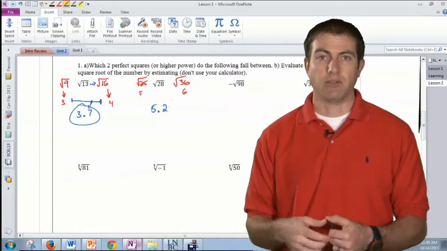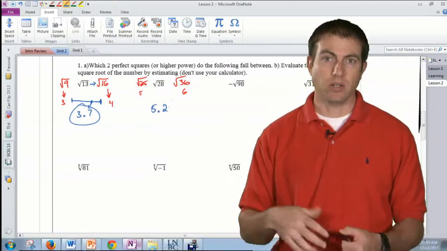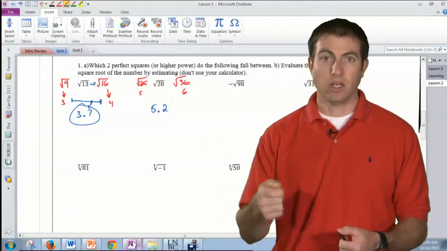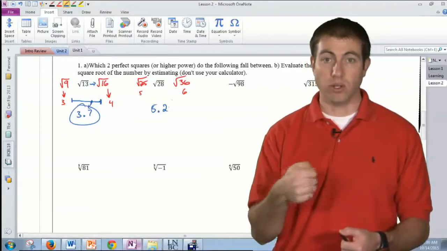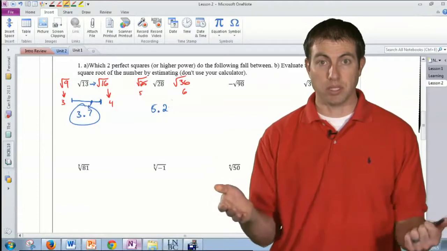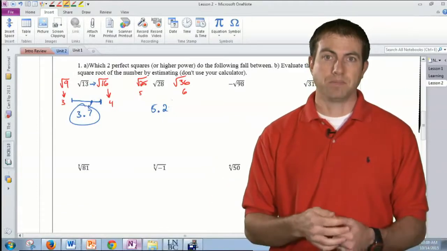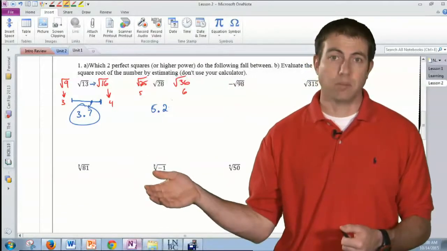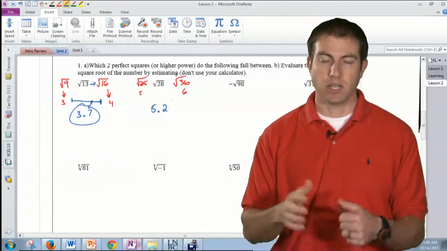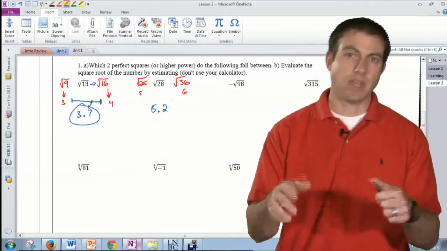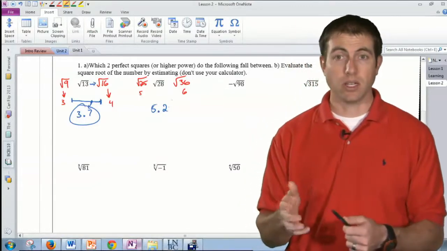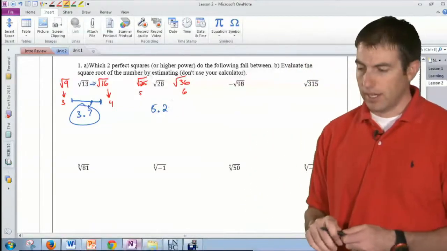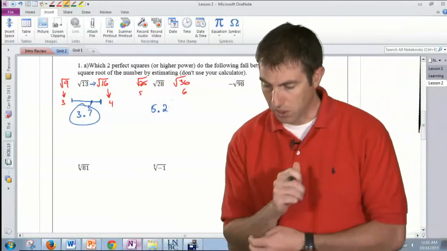After that 30 minutes is up, they'll say okay, you can pick up your calculators, and the invigilators will come around and take away your no calculator booklets. You can move on to the other part of the exam, but you have to do that section first, and then you can use your calculator for the rest of it. So not using your calculator is important, especially for these types of questions.